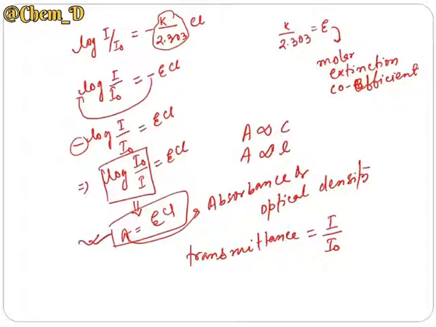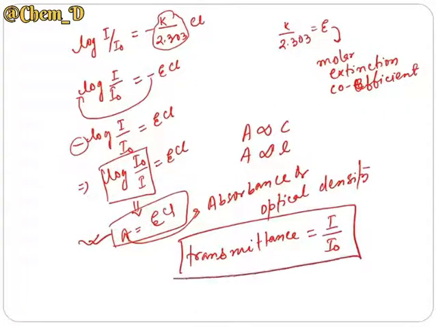These equations you should remember. So from here we come to know what the molar extinction coefficient is, the relationship between extinction coefficient and molar extinction coefficient, what absorbance or optical density is, and what transmittance is. This much theory is required to solve most of the questions.